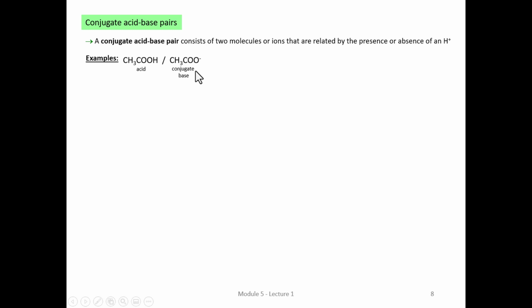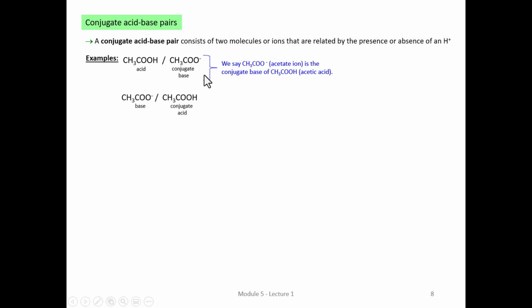This may still not be a good enough explanation for you at this point, but just zero in on the fact that these two things are related by the presence or the absence of an H plus ion. So they are a conjugate acid-base pair. We would say that the acetate ion is the conjugate base of acetic acid.